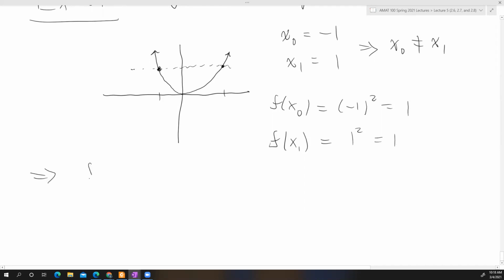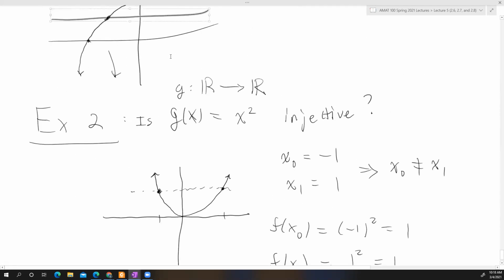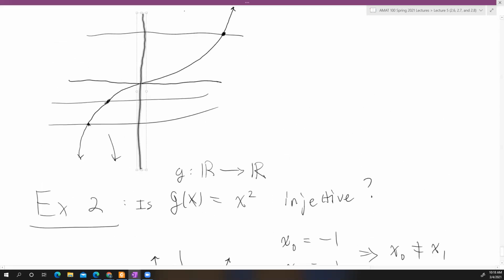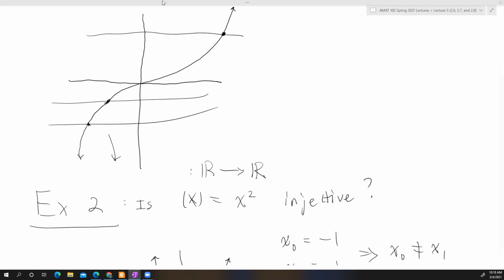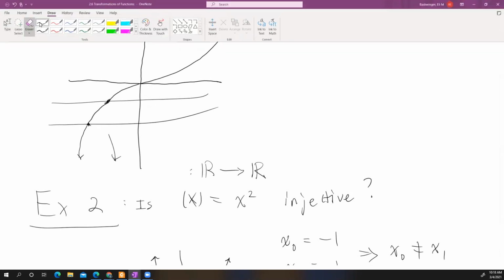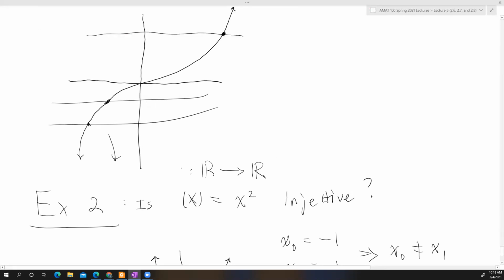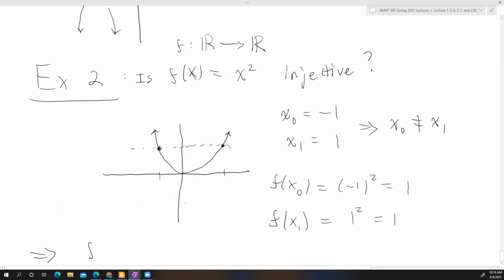So this implies that, oh, I'm sorry, these should be g's, but let me just change it up and call the function f. So this shows that the function f is not injective.